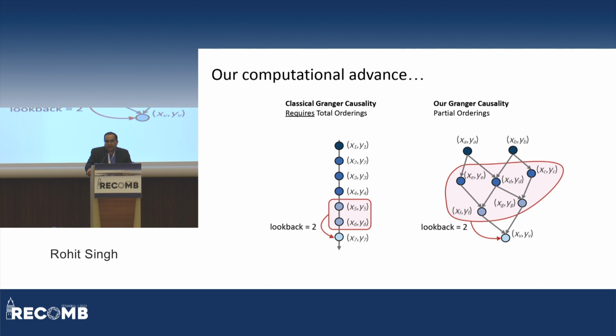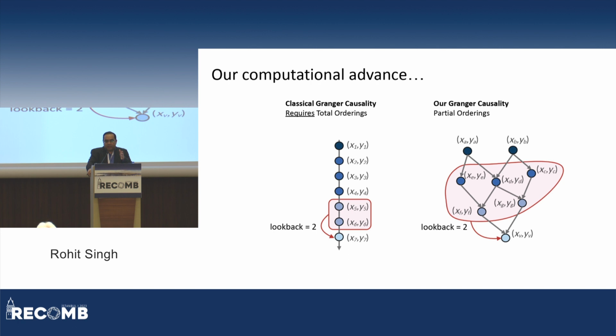In a DAG context, that's a very natural generalization. What you see is, okay, I have X and Y at this node V, and if Y's value at V is improved by making use of X's value at the ancestors of V, then we say that X is Granger causing Y in this DAG context.